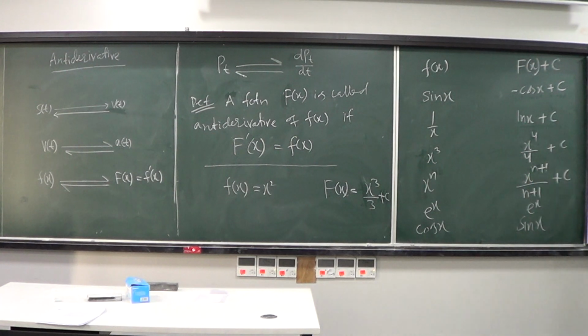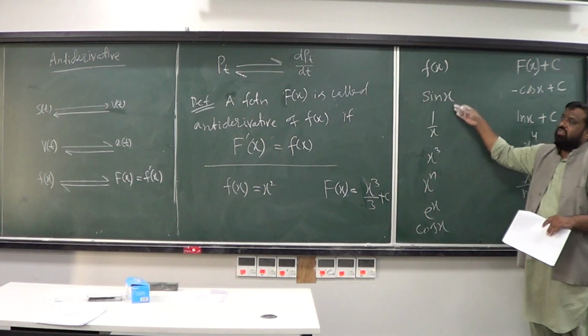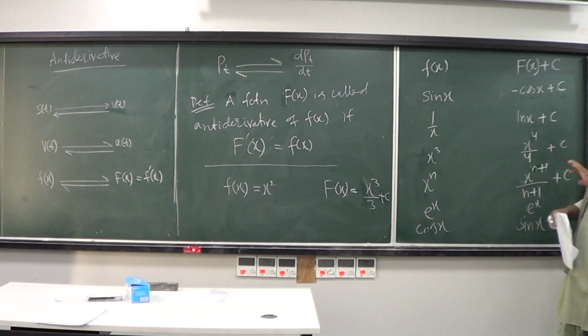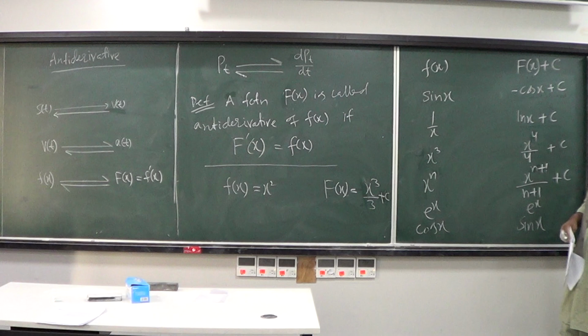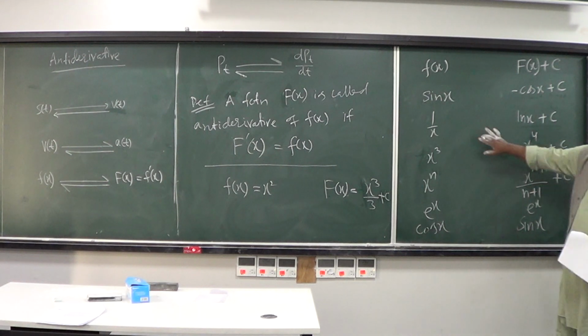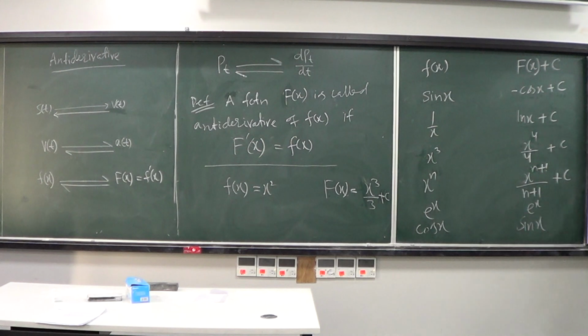So that's what you have to do. You have been given a function and you have been asked to find a function whose derivative is this function, really the opposite of the derivative. Now you are not finding the derivative, but you are finding a function whose derivative is given. So this is what you're going to do.